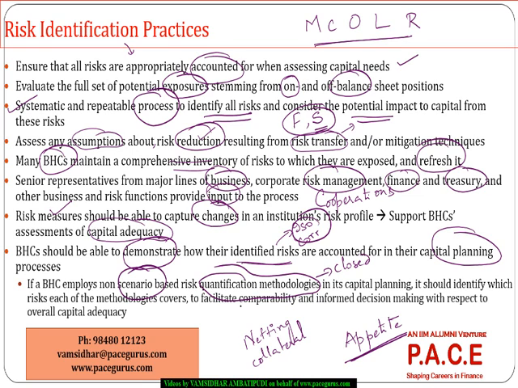Now it should clearly specify which of the risks are being covered as a part of this formula, so that informed decision making can be done and comparison with the others can quite comfortably be done, which can play a very important role in assessing the overall capital adequacy. So these are some of the important things with regards to the risk identification that every bank holding company should typically follow.